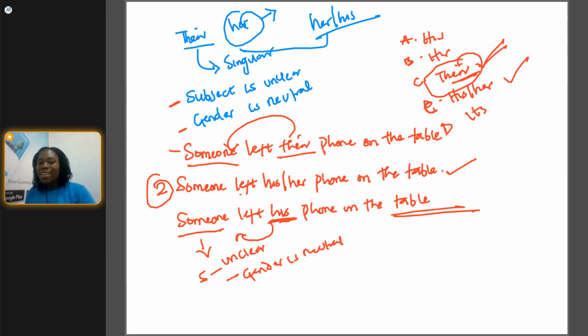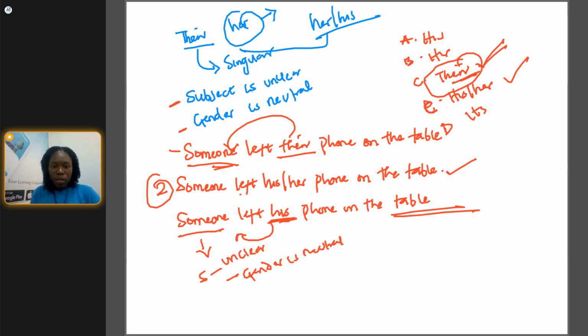But once you find their in your options, their is the most appropriate option to use to replace the subject that is unclear and the subject that is neutral. So it is right and proper to say someone left their phone on the table.